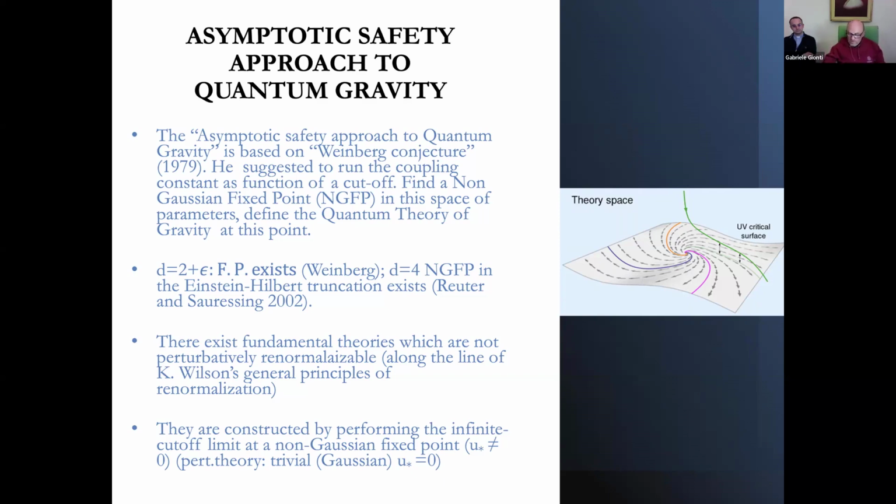So you have to find this non-Gaussian fixed point in the space of the parameters and define the theory, as I said before, at the non-Gaussian fixed point. In general, there are directions that are divergent, and that's the reason for which the theory is divergent, etc. So you eliminate this divergent direction, and you concentrate only on the convergent direction.